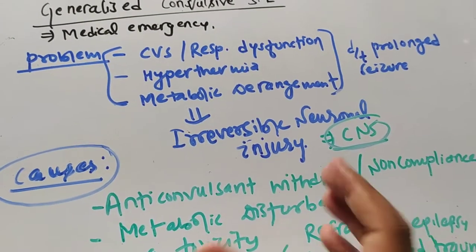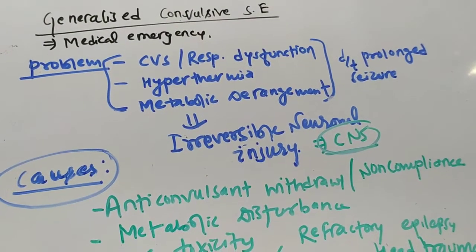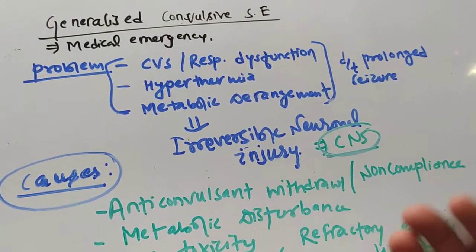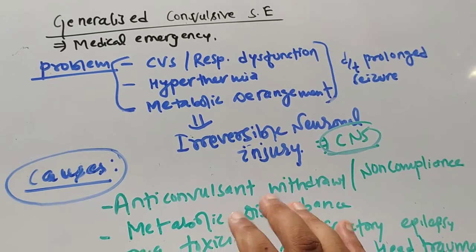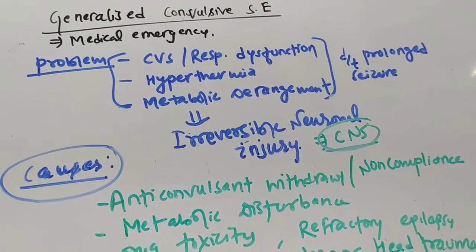Another thing, if there is a metabolic disturbance, for example some kind of acidosis or any condition like that, it will precipitate the seizure. It will decrease the threshold of the seizure and lead to status epilepticus.